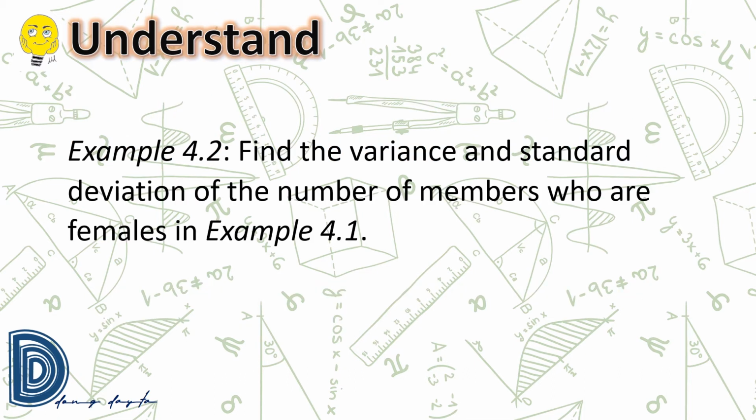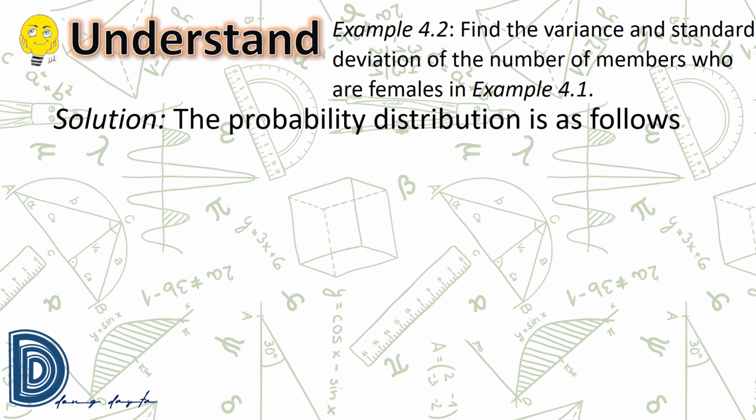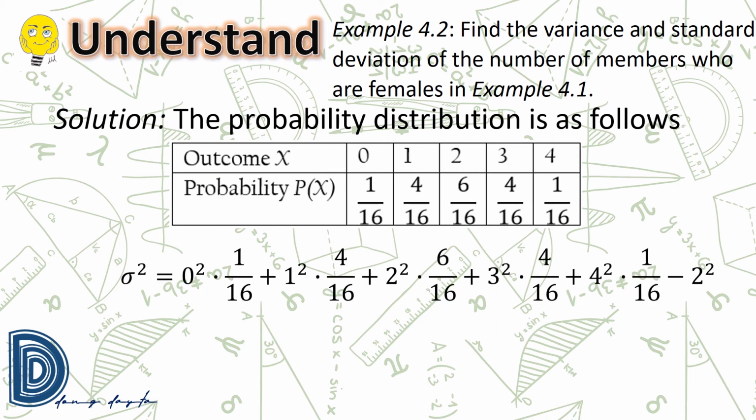Let us have another example. Find the variance and standard deviation of the number of members who are females in example 4.1. Again, let us have the probability distribution. So the variance is equal to the square of each outcome x times the corresponding probability minus the square of the mean.